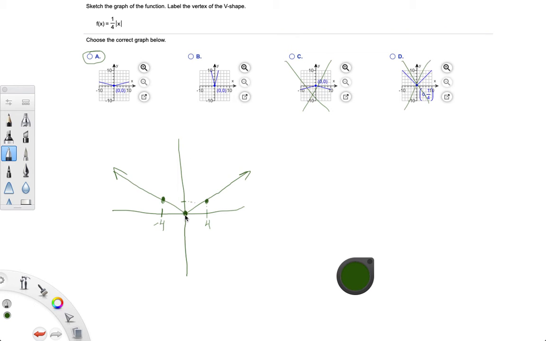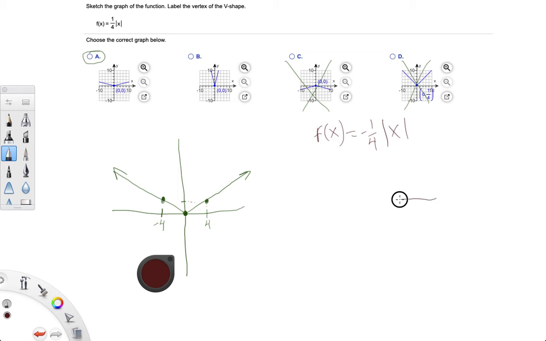You can get a graph that is going down, but not by changing the number inside to a negative. You'd have to change the outside to a negative. So really quickly, I'll change my color, and let's graph f of x equals negative 1/4 absolute value of x. What would we get?